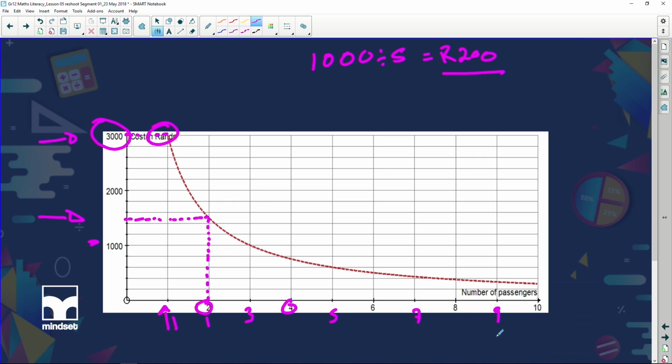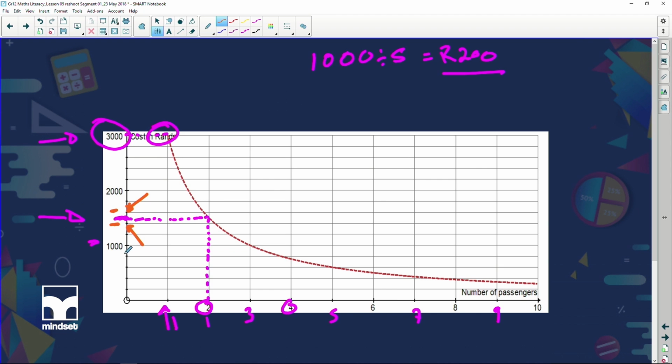Remember our question was, if 2 people get in, how much do they each have to pay? Well, this line touches halfway between this point here, let's get a different color, between this point and this point. So we have to know what those 2 points are to be able to tell the number in the middle.